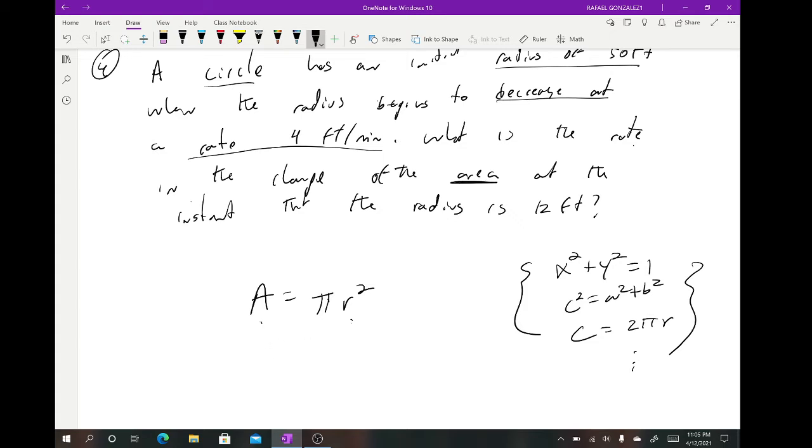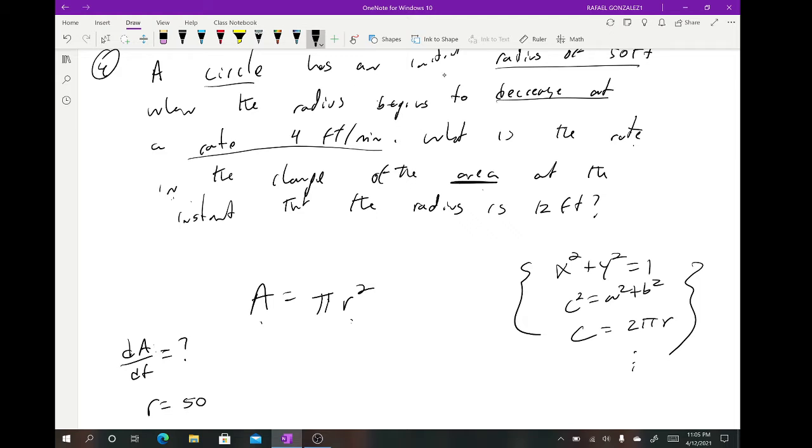Now, what am I looking for? I am looking for the rate in the change of the area. So what I'm looking for is dA dt. This is the rate of the area as it changes with respect to time. What do I have? I have the radius when it's 50.